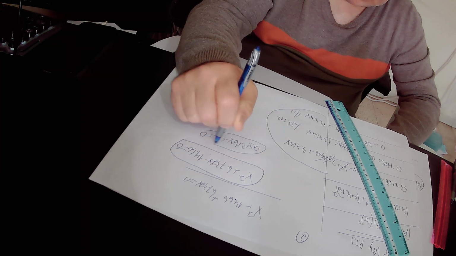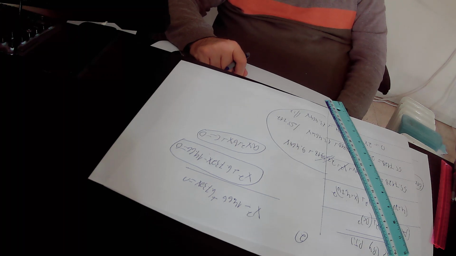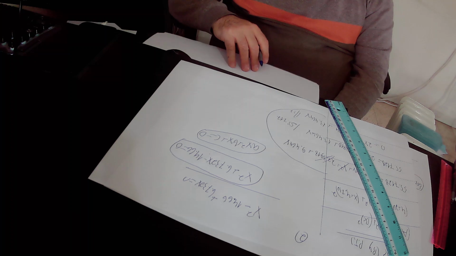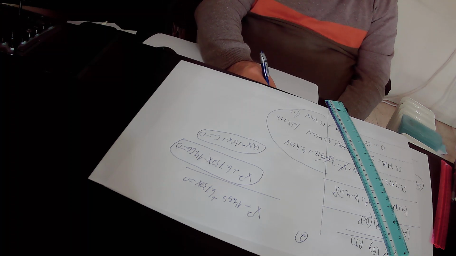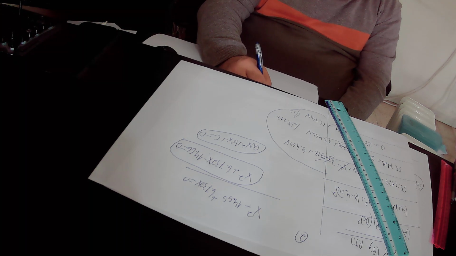In this general formula, a, b, and c are the coefficients of the quadratic equation, and x is the variable that we are looking for. And we find the value of x according to the following formula: x equals minus b plus or minus the square root of b squared minus 4 times a times c, over 2a.